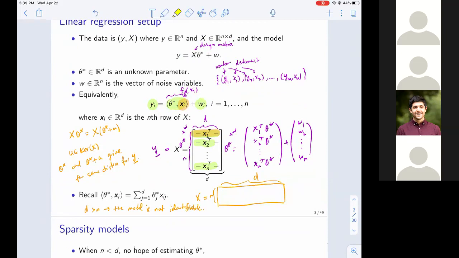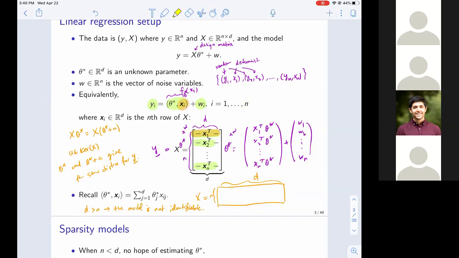So it's an inner product of theta star and x_i, sometimes called a linear functional. So you map a vector to a number, and you get a linear function. And theta star is also d-dimensional. This is the parameter of interest. And we have a sample size n.